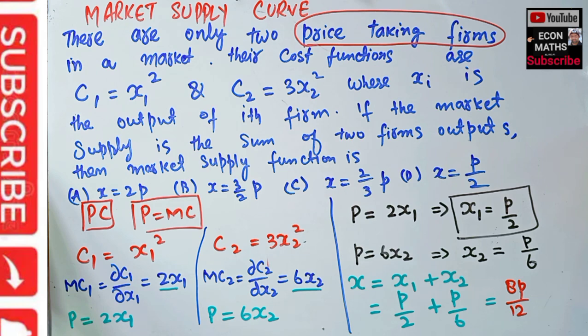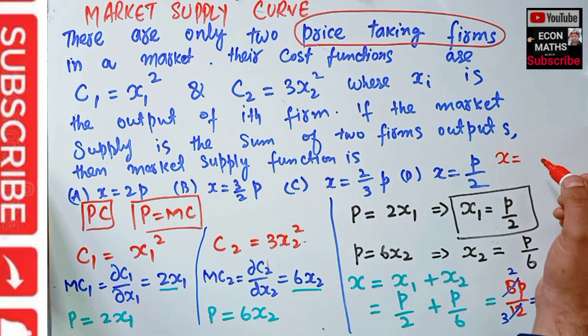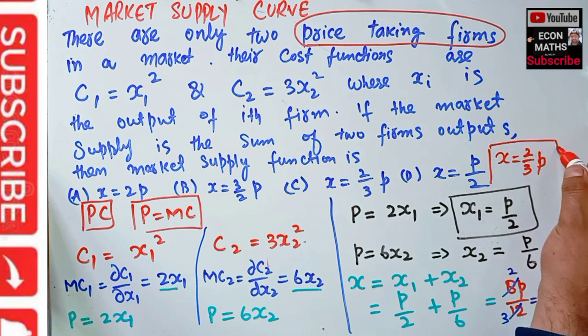Four 2s are 8, four 3s are 12, so we get 2 upon 3 p. So x is equal to 2 upon 3 p. That will be the market supply function.